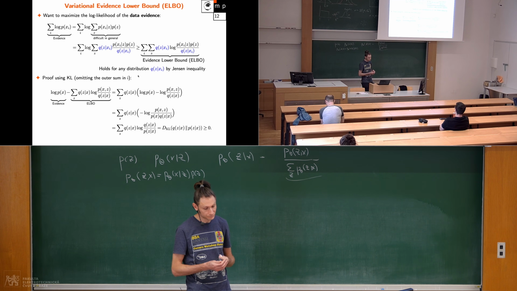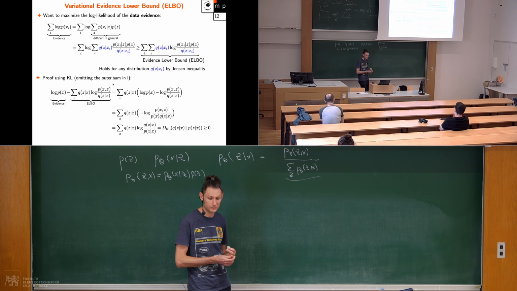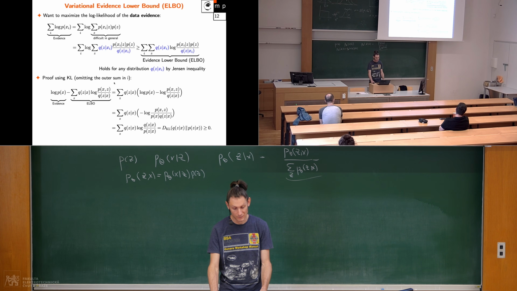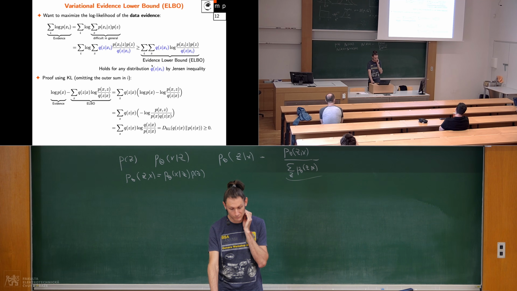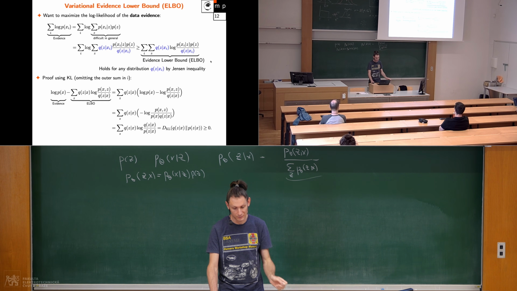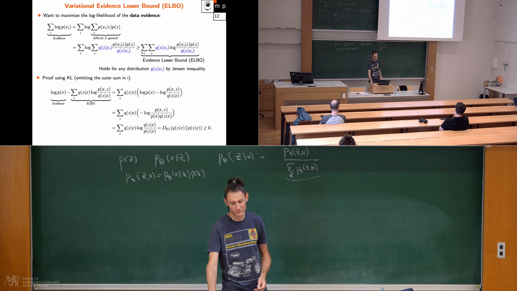So you recognize Jensen's inequality for the logarithm. But we could also prove this inequality using what we already proved for the Kullback-Leibler divergence, and this gives us a nice equivalent way to view this lower bound. So I have here the log likelihood, which is often called evidence, and I subtract from it this lower bound, which is called the evidence lower bound, and let's see what this difference is. If this difference is non-negative, then the inequality holds, right?